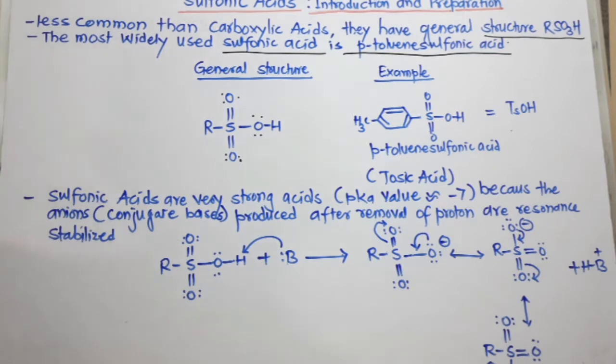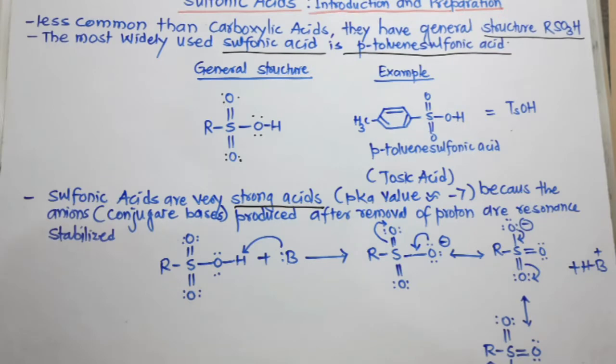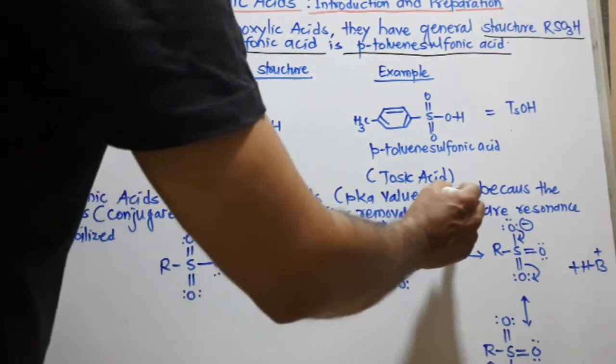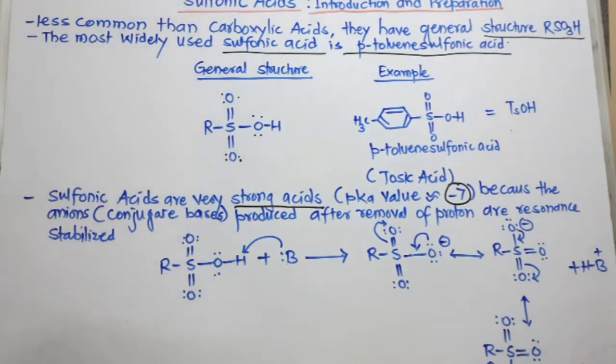Now the sulfonic acids are very strong acids. You can check the pKa value, it is negative. Because of that, it is very strong. Why is it strong?